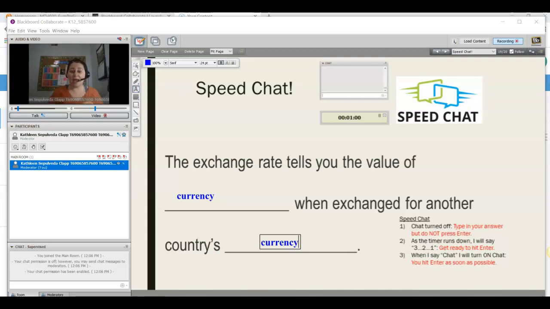If I have to have a lot of US dollars, so let's say $2 only gives me a little bit of the other country's money, I would say that the US dollar is weak at that point. And you may have heard people talking about whether the US dollar is strong or weak. It's that, and it has to do with the exchange rates between other countries.